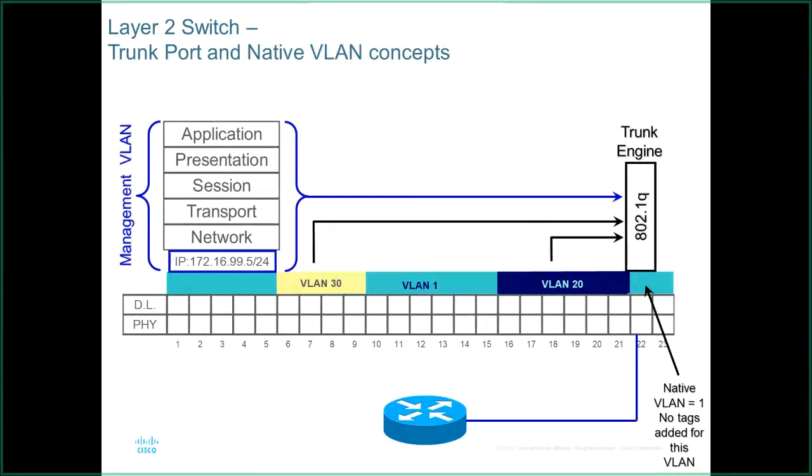So straight out of the box, you've got one that basically connects to the internet and one that connects to your inside. So we need a way of saving ports on routers, and trunking allows us to only use one port for multiple network connections into the switched fabric.